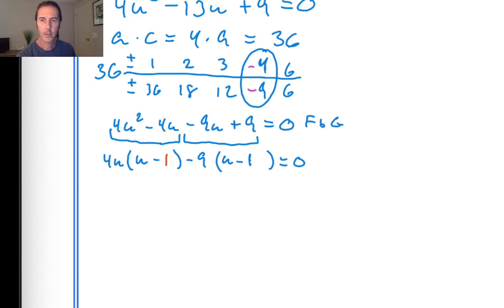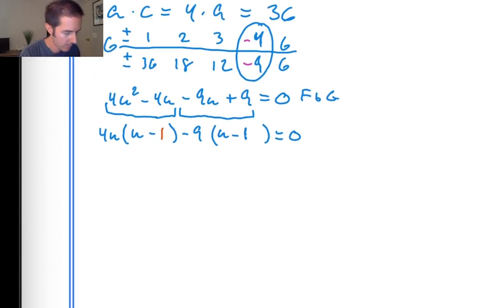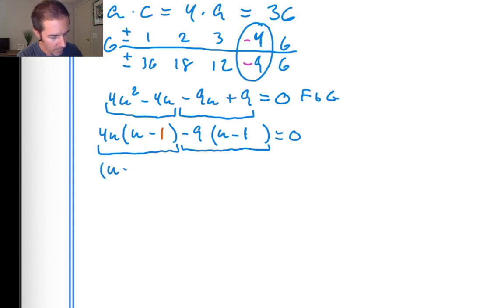Then, following the process of the AC method and factoring by grouping, I'm going to take a common factor out of this term and this term. The common factor is the stuff in parentheses. I will leave it in parentheses. That's the u minus 1. The leftovers, 4u minus 9.